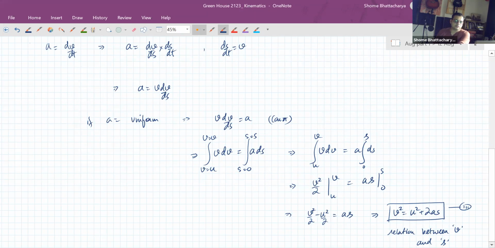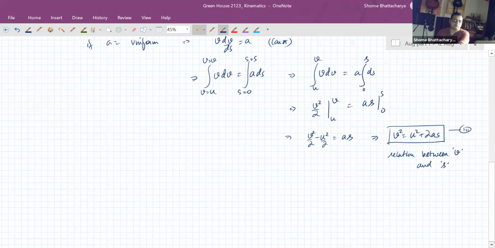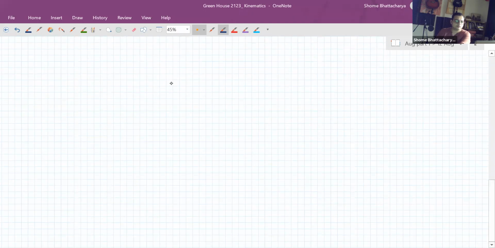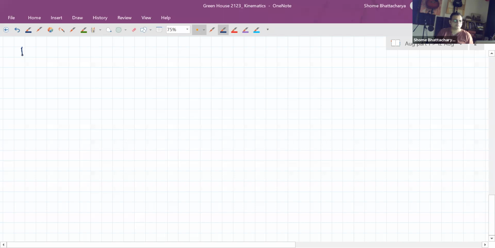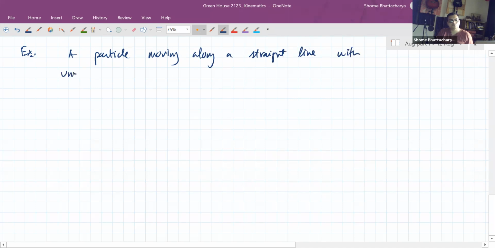So let's start with one example. A particle moving along a straight line with uniform acceleration.